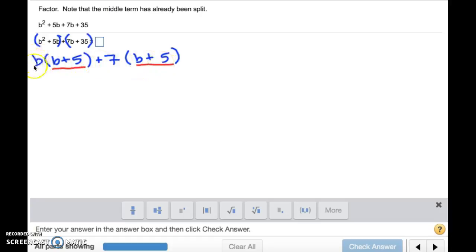So right now I have a term here and a term here that are being separated by this plus sign. So this one's being multiplied by b plus 5, and this one's being multiplied by b plus 5. So I'm going to factor out the b plus 5 from each of those. So that's going to come from here and here, and I only write it once.